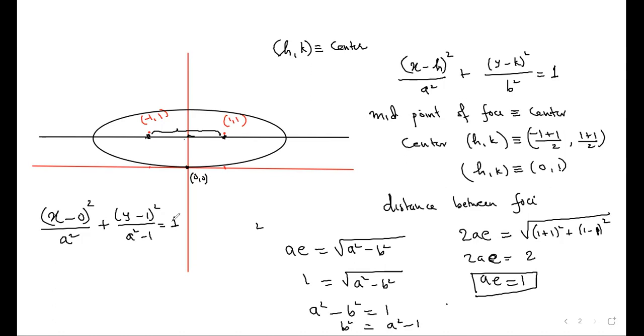Which condition have we not used? The ellipse passes through (0, 0). So if (0, 0) passes through that point, what can you say? It satisfies the equation.